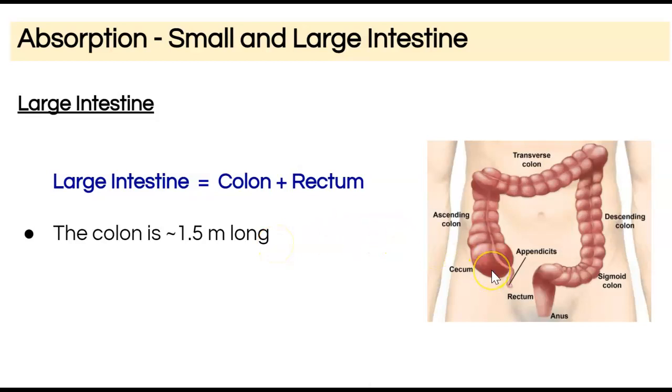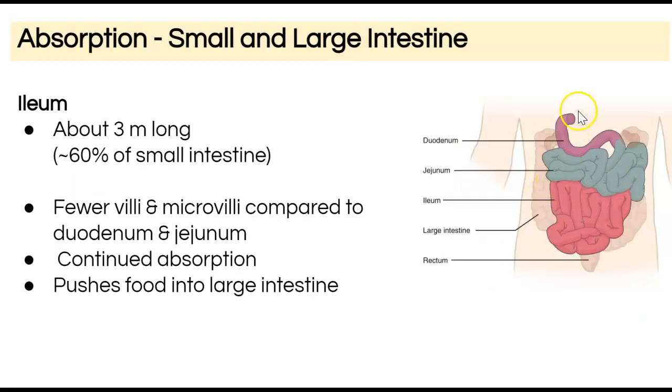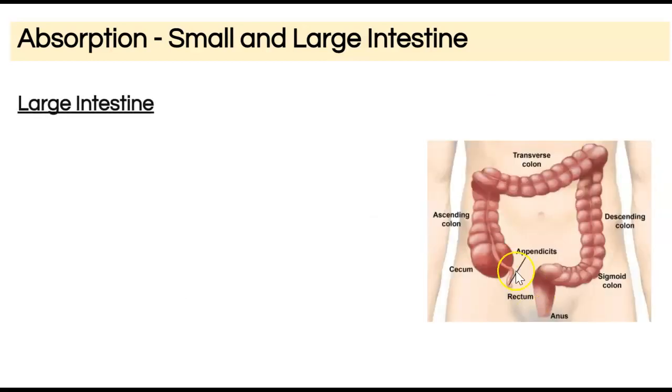When we talk about large and small, we're talking about the circumference of that particular tube. If we go back, let me see if I can quickly get back here. If we look at the circumference of the small intestine, it is quite a bit smaller relative to the large intestine. And we can see that if we look at a comparative picture here.